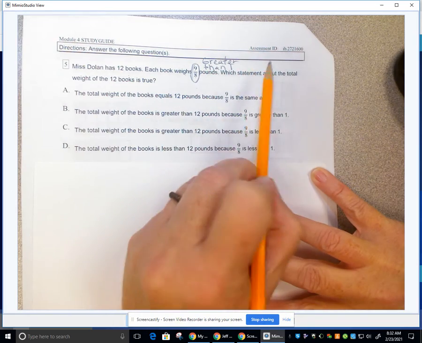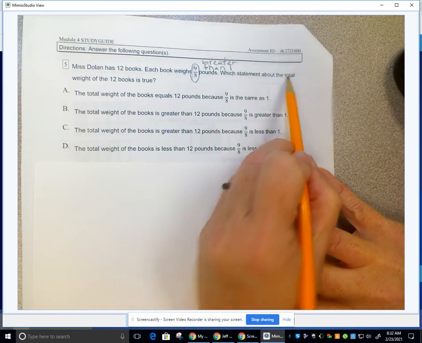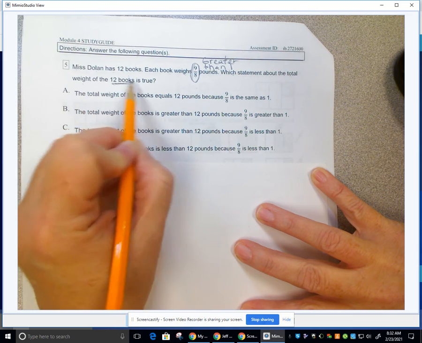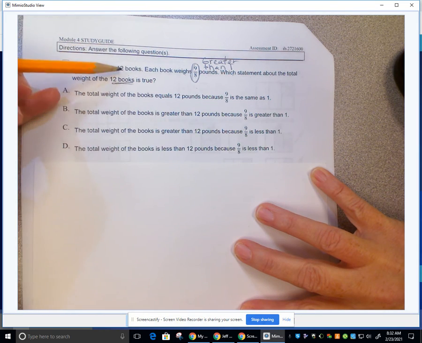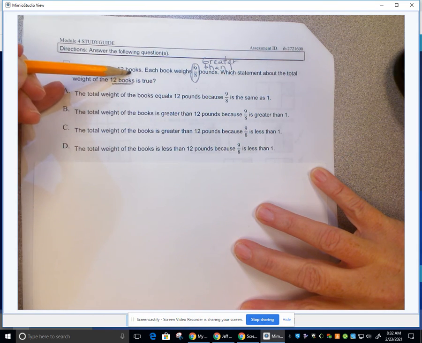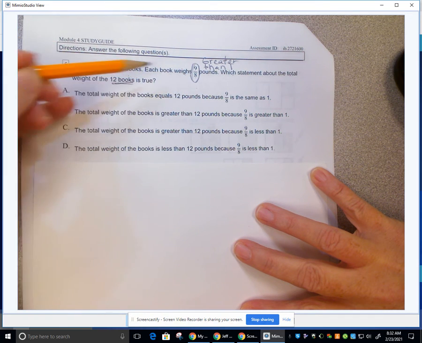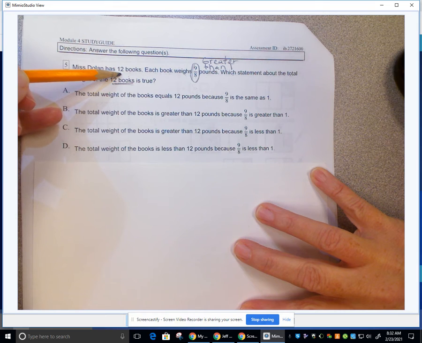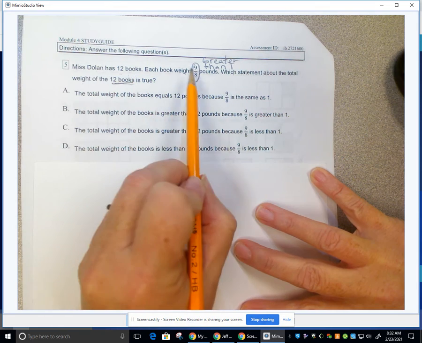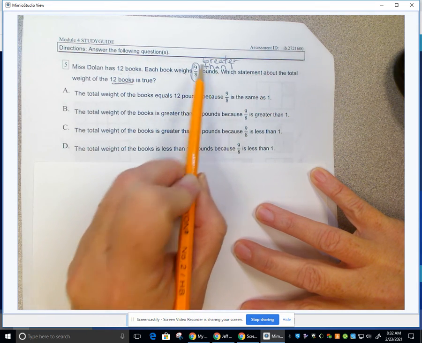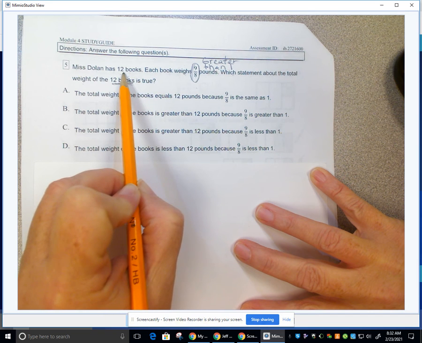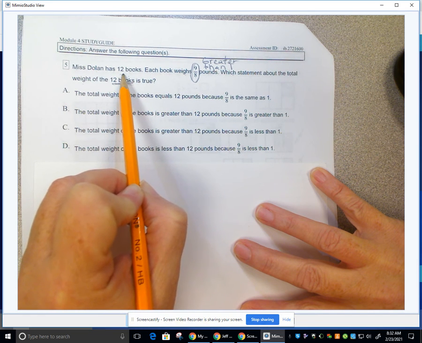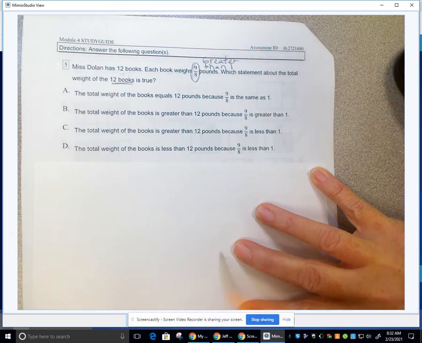Right? Which statement about the total weight of the 12 books is true? Now we know if there were 12 books and each book weighed 1 pound, the weight would be 12 books at 1 pound each. That'd be 12 pounds. If each book is more than 1 pound, that means my weight is going to be more than 12 pounds.